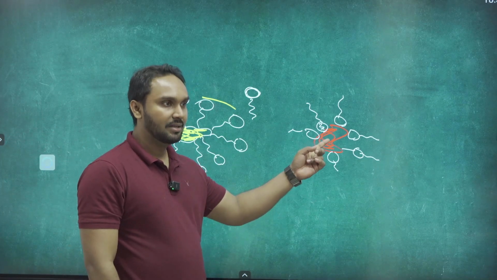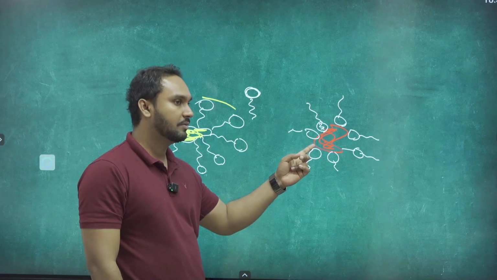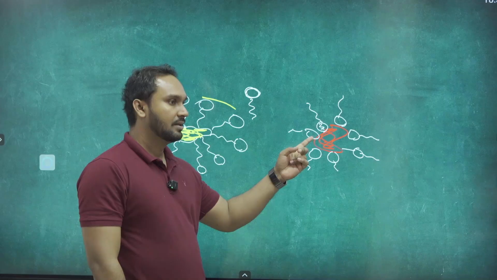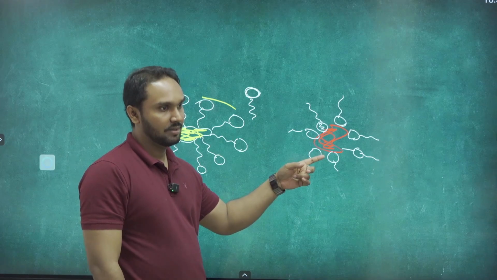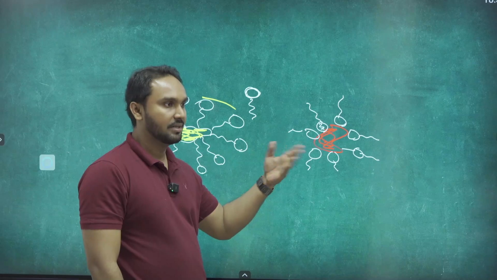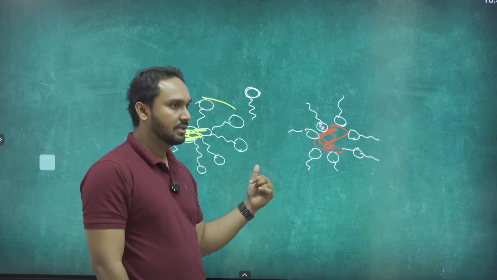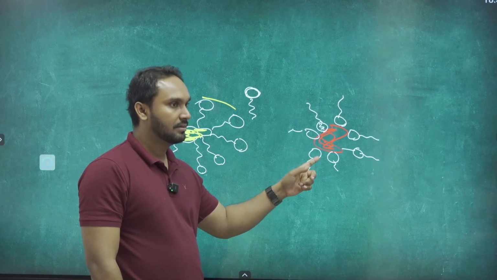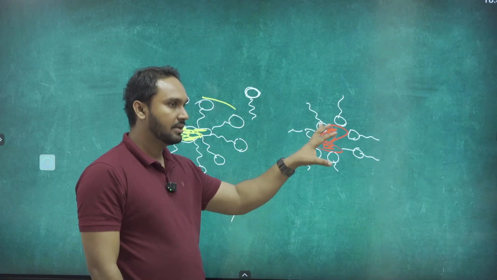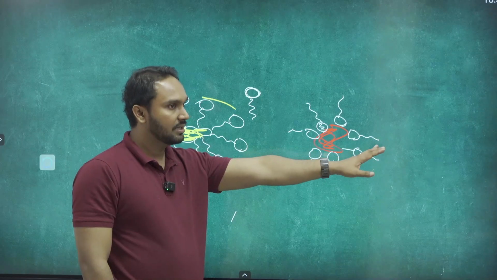Now this is a blood stain. Blood is usually hydrophilic. It dissolves in water. So if there's a blood stain in your shirt, what does the soap do? The soap heads are attracting the blood smear, and it removes it from the cloth because the bonding here is greater than the bonding with the cloth.